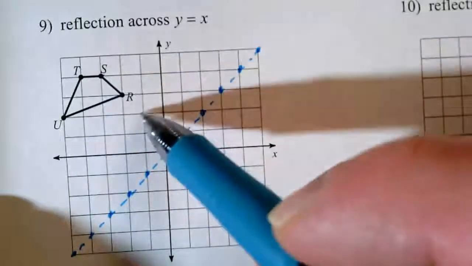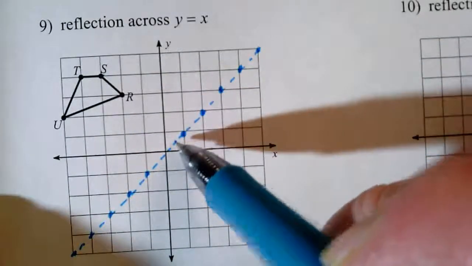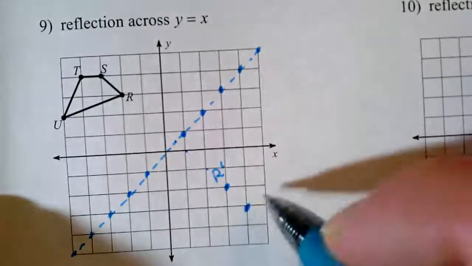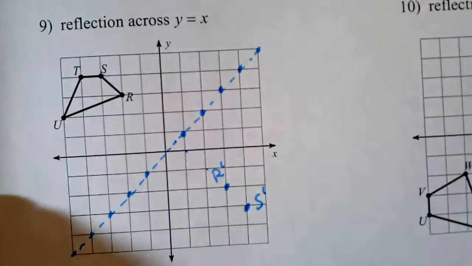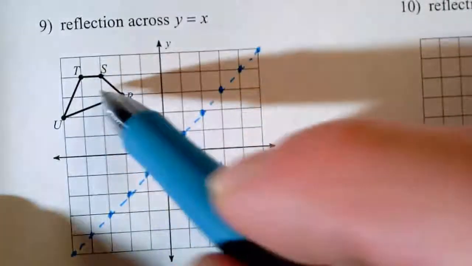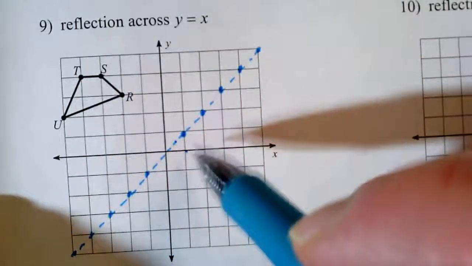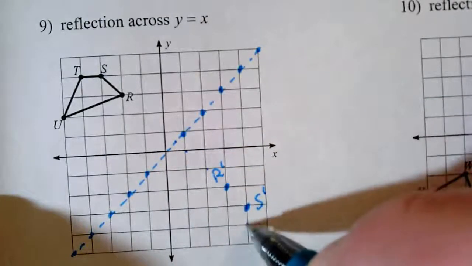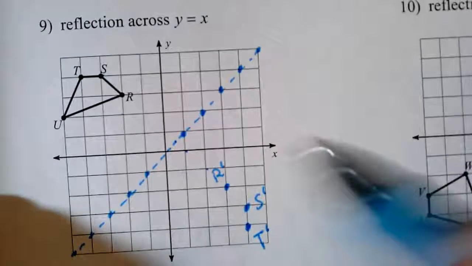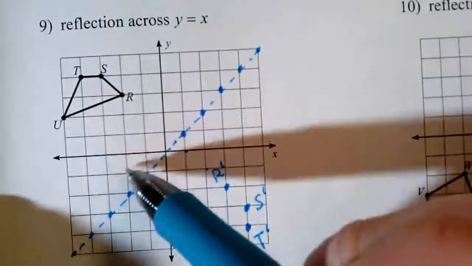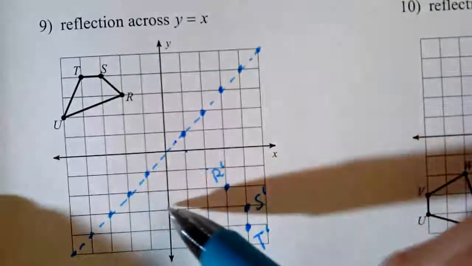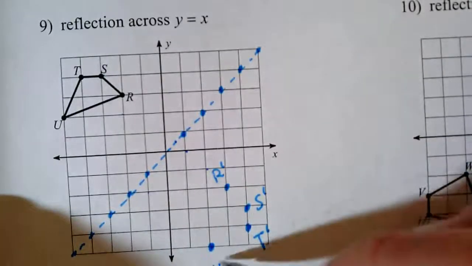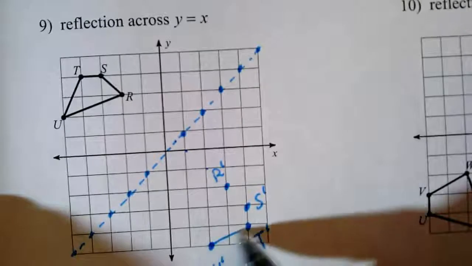S is 1, 2, 3 1/2, so S prime is 1/2, 1 1/2, 2 1/2, 3 1/2 in the other direction. T is 1, 2, 3, 4, so T prime 1, 2, 3, 4. And then U 1, 2, 3 1/2, so 1/2, 1 1/2, 2 1/2, 3 1/2, U prime will be over here.